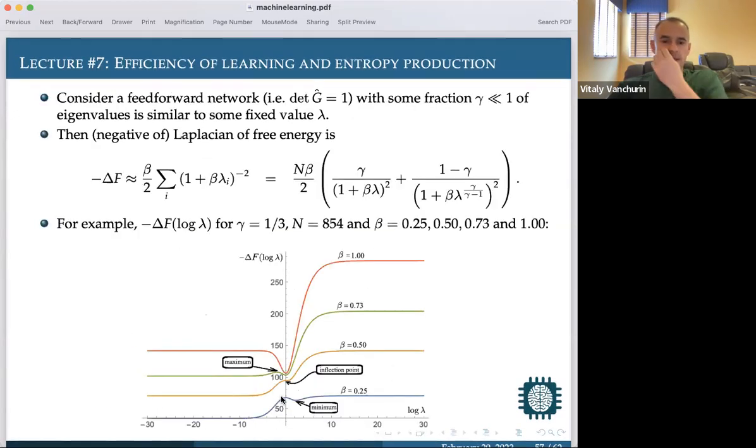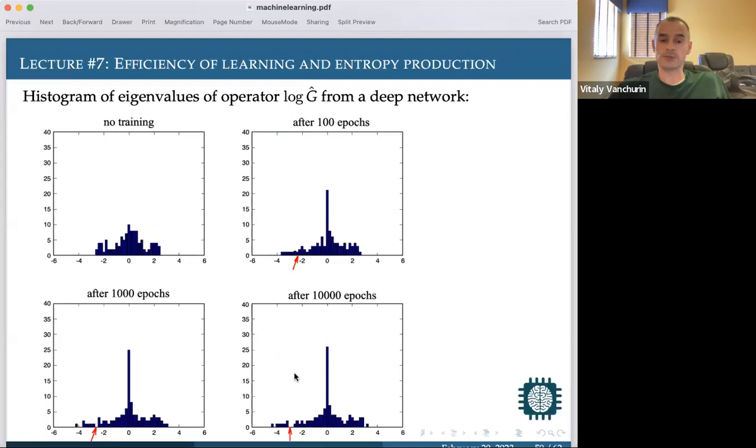Remember, this is exactly what was our prediction, that first you will have these runaways, then there'll be some hill formed, and so if you didn't escape to the left, you'll be forever stuck on the right. And at this point, there is no more advantage for the eigenvalues to slide to the left, and they get frozen. And that's what you see here.